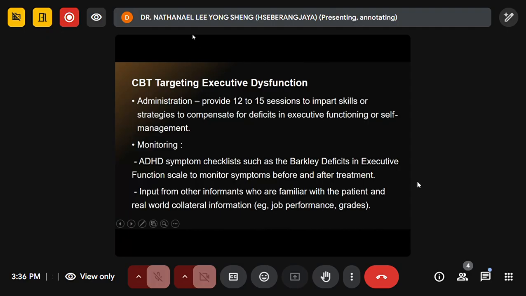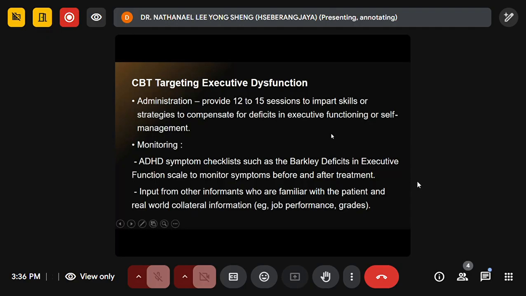First of all, I'll talk about CBT targeting executive dysfunction. Usually, for CBT for ADHD, we will provide around 12 to 15 sessions to impart the skills and strategies to compensate for the deficit in the executive functions or self-management. The monitoring has to be done with an ADHD symptom checklist.